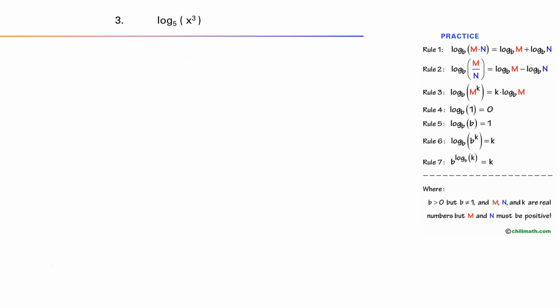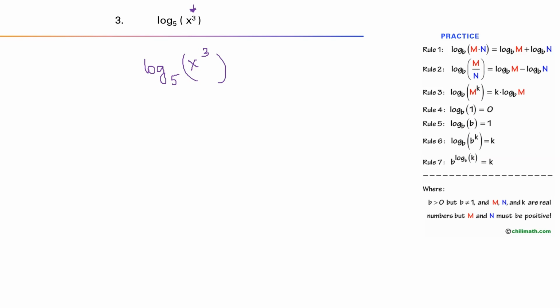Now we try to apply the power rule here, because we have some term right here and then we have the power. So log base 5 of x to the power of 3. Now that is 3.